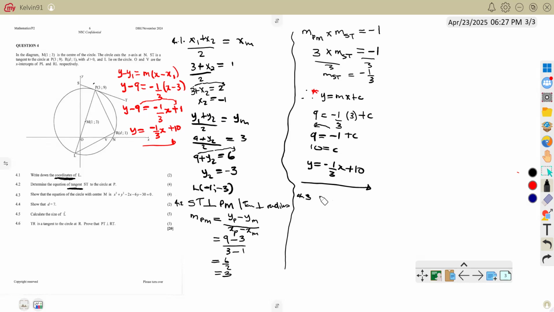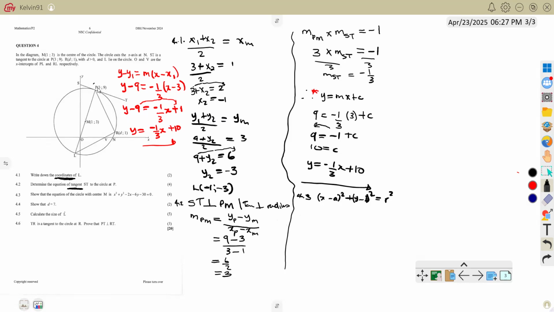We know the general equation of a circle can be given by x minus a squared plus y minus b squared equal to r squared. But this a and this b represent the x and the y coordinate of the center respectively. Then for this x and y, you have to substitute any point that is on the circumference.